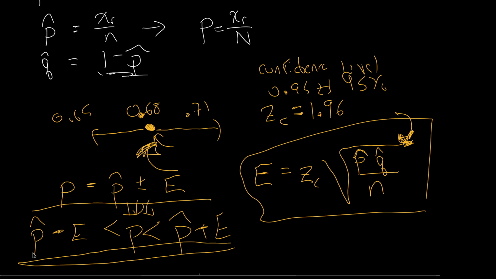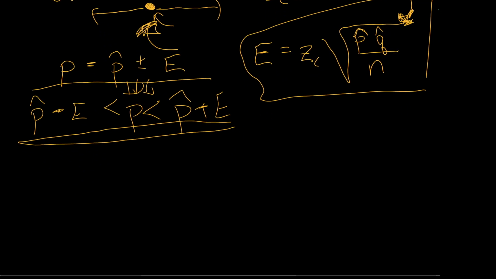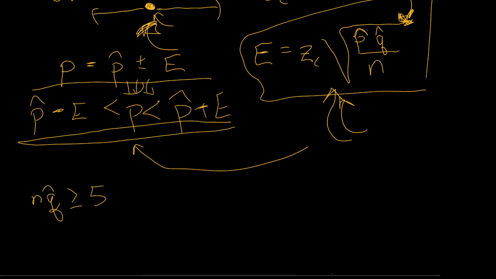Now, this formula works only under one condition, and I always forget to mention this, because I do statistics with stars, so I rarely have small n values. This formula, being an estimate, will only work if n times q is greater than or equal to 5, and n times p is greater than or equal to 5.